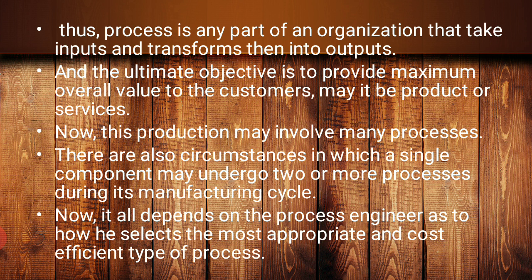This is very much obvious, or it may happen, but it depends on the process that you select. It depends on the way you want to produce the product. So forward tracking and back tracking of the product, or semi-finished product, is very obvious. Now, it all depends on the process engineer as to how he selects the most appropriate and cost efficient type of process.